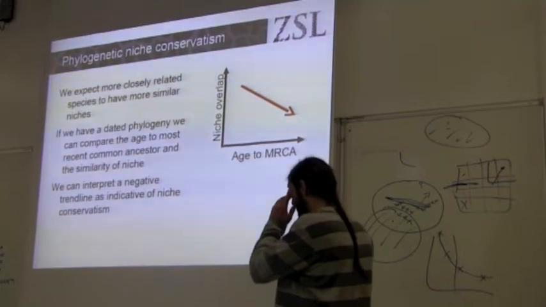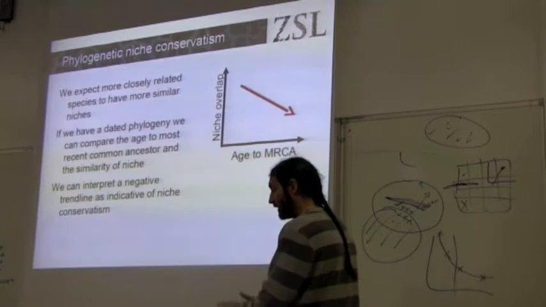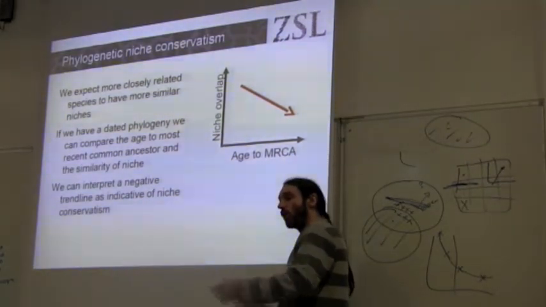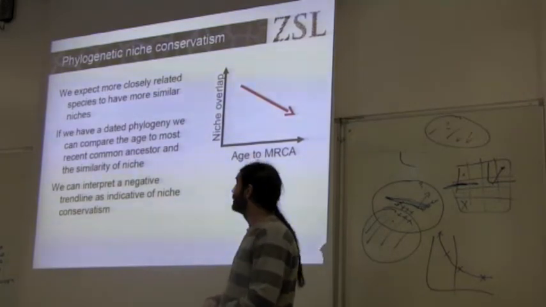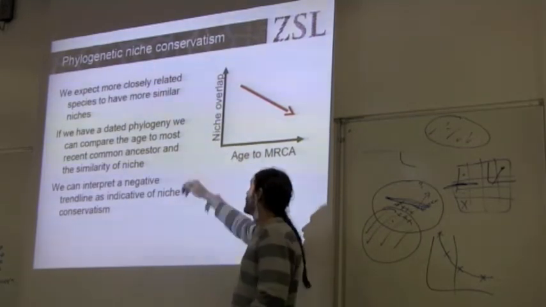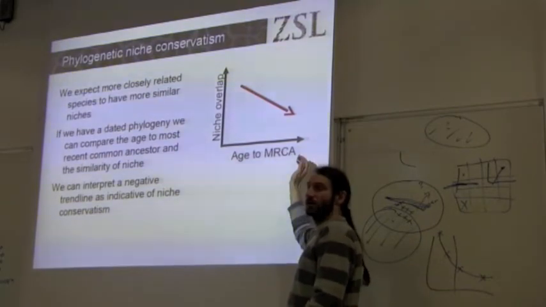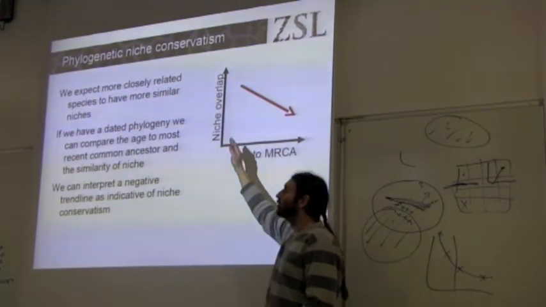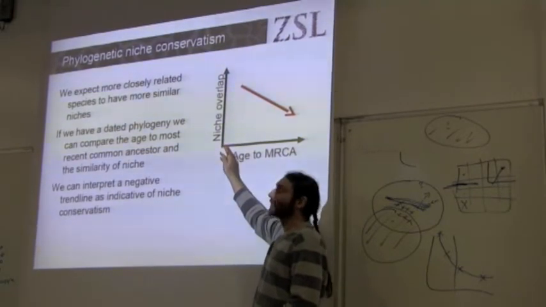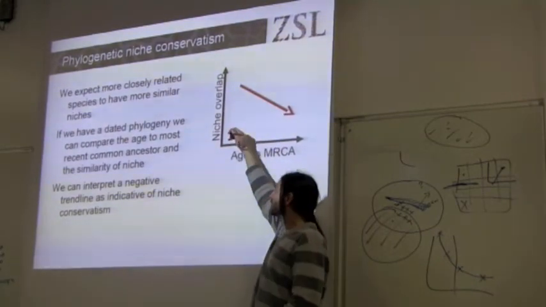So, reiterating what we spoke about earlier, we're trying to look for evidence of phylogenetic niche conservatism. So, we saw earlier that one way we can do this is to look at the similarity of our niches and the age to a most recent common ancestor, with the expectation that more recently related organisms, things that are closely related, should have a more similar climatic niche.